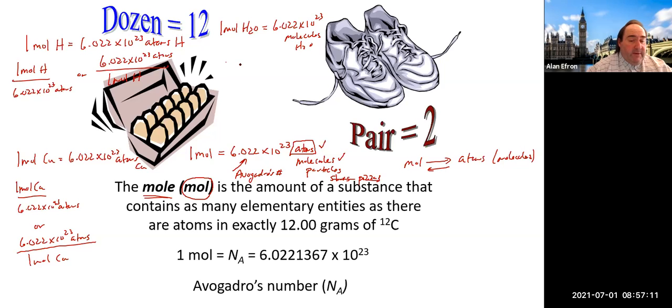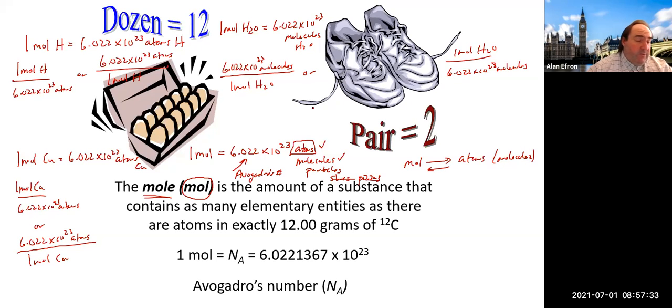We could write 6.022 times 10 to the 23 molecules over 1 mole of water, H2O, or on the opposite way, 1 mole of H2O is 6.022 times 10 to the 23 molecules of water. Here we use molecules instead of atoms as a unit because water is a molecule. It's not just an atom.